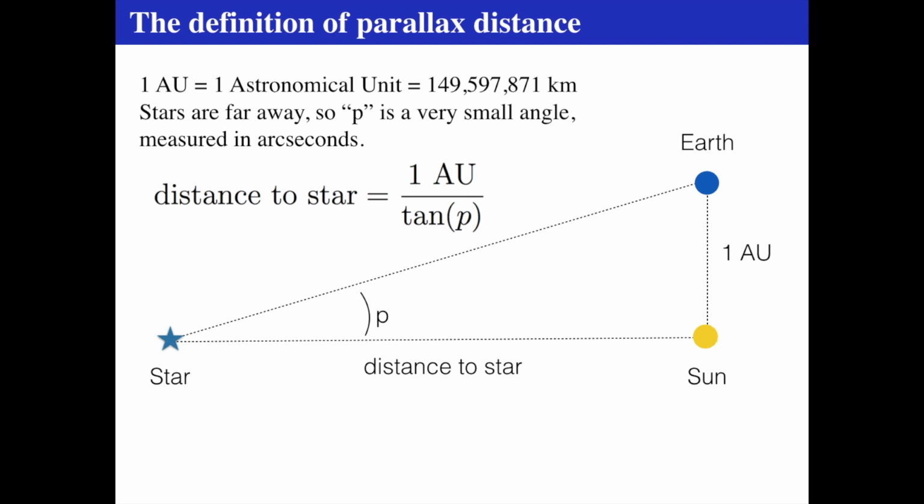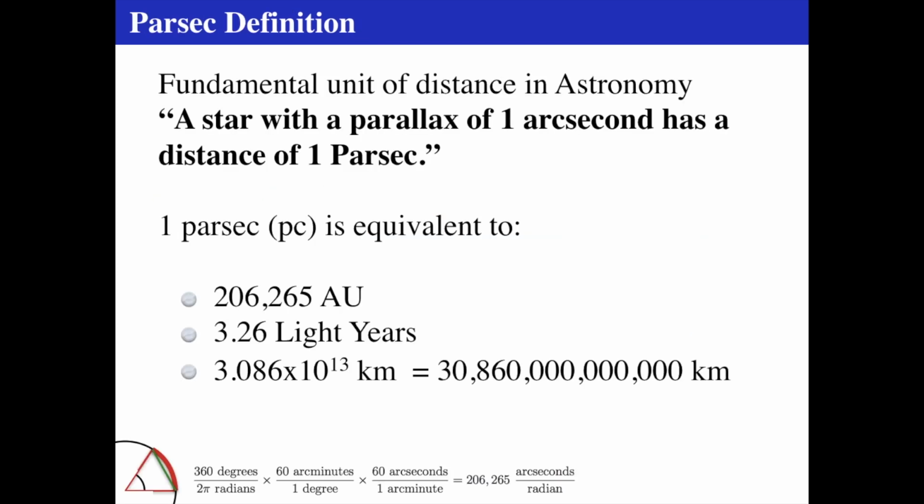If we measure that angle in arc seconds, we find that a star that has a parallax of 1 arc second has a distance of 1 parsec. So we're defining a unit based on a fundamental measurement. If it has a parallax of 1 arc second, as seen from the Earth, then the distance is by definition 1 parsec.